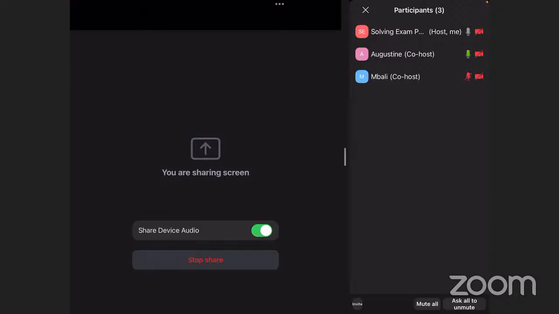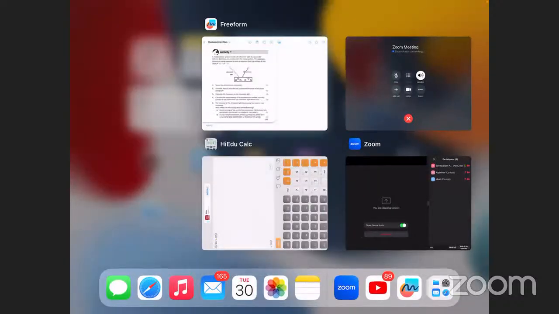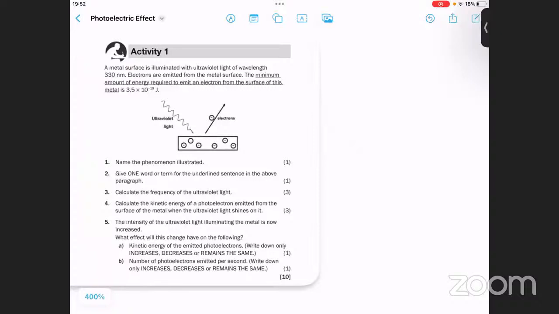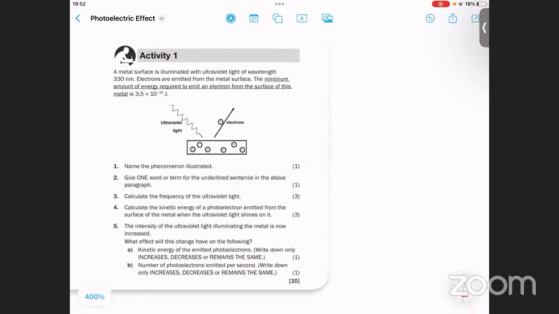Sir, I say I'm not that sure. Go for it. How would you then answer this question which says, what is the phenomenon illustrated there? Okay, I'm not sure how you will cram this one, but it's always an easy one.